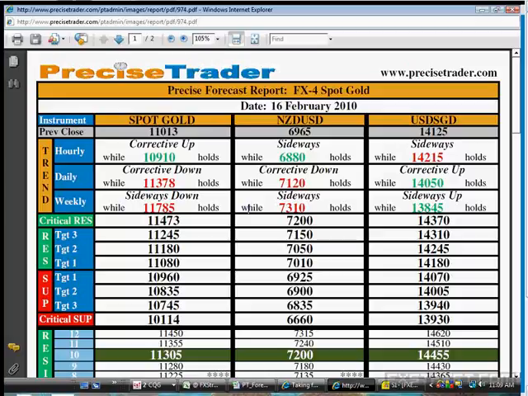And as far as the daily trend is concerned, it says corrective down while 71.20 holds. So basically what it's telling you is that the daily trend has been down. Since you see a red color, you know that the price is coming down. But when we say corrective down, that means the daily trend has been down, but towards the end of that down move, the daily trend can reverse or turn up anytime soon.